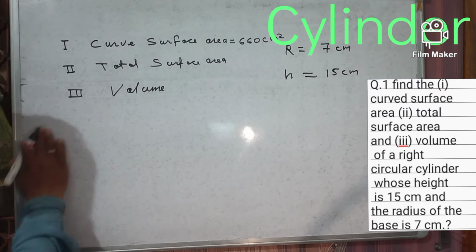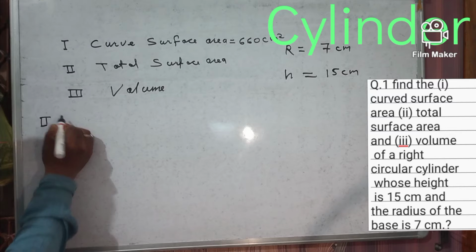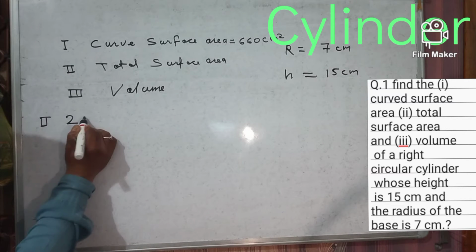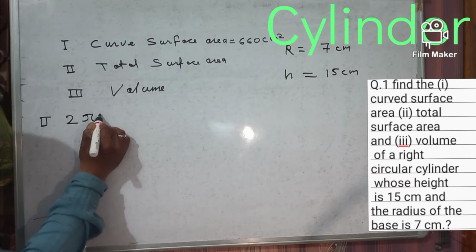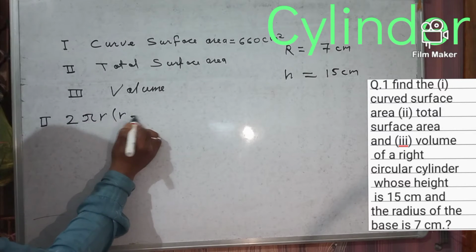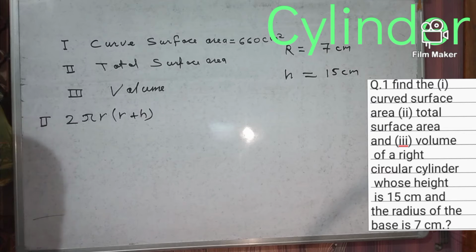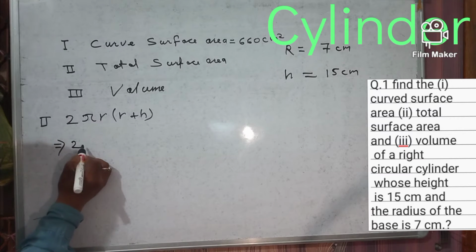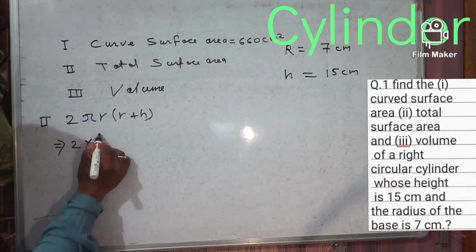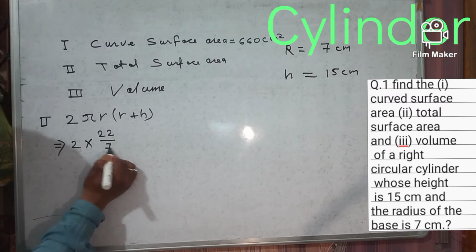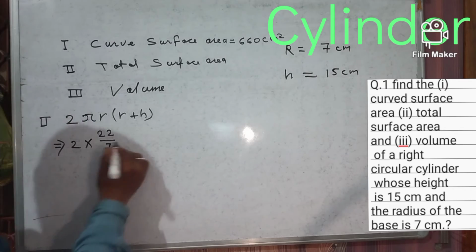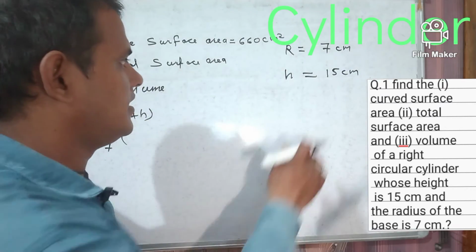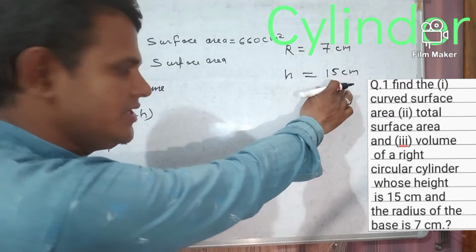Second is total surface area. Total surface area formula is 2 pi r into r plus h. So now see here, 2 pi means 22 by 7, okay, and radius is given 7 centimeter and height is given 15 centimeter.